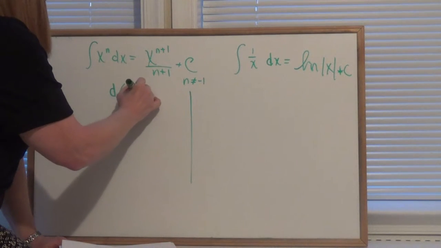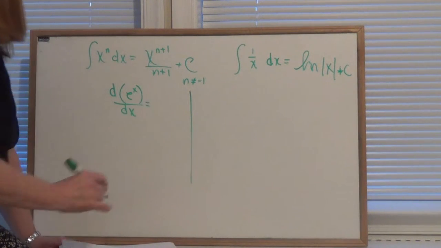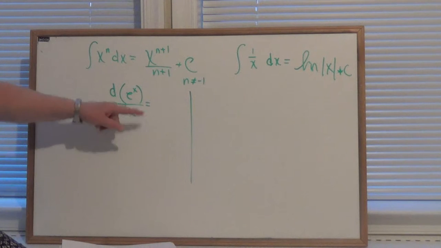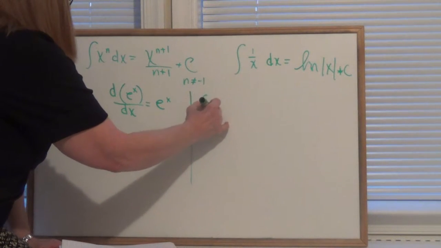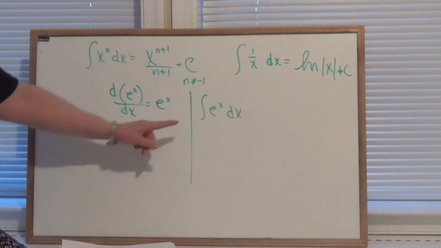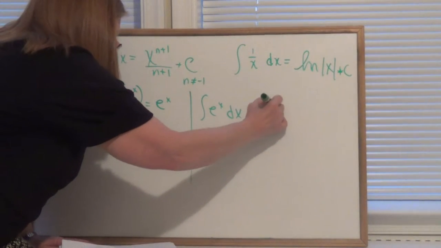What's the derivative of e to the x with respect to x? The derivative of e to the x is just e to the x. So we can go over here in integral land and reverse that and say the integral of e to the x dx is e to the x plus c.